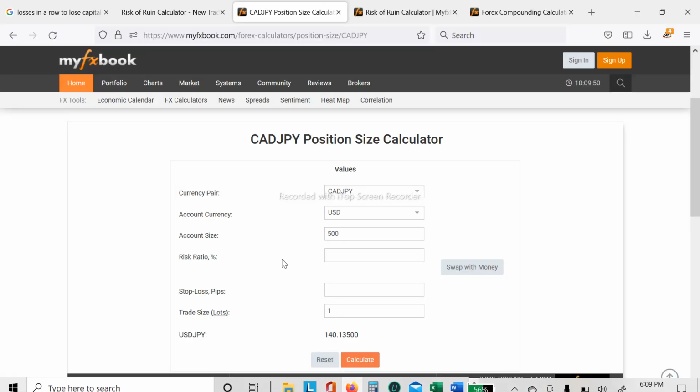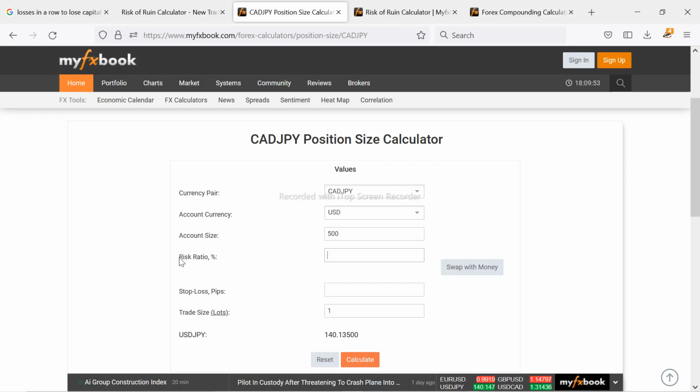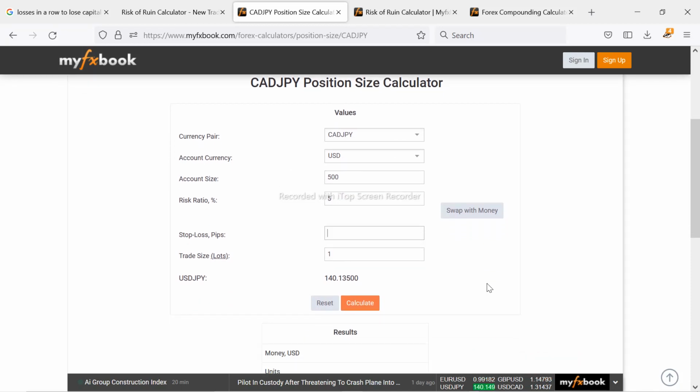So the risk ratio is 5%. This is the stop loss in pips that you should know how to calculate. Usually the stop loss is not gonna be more than 25 pips, but let's say it's 25.